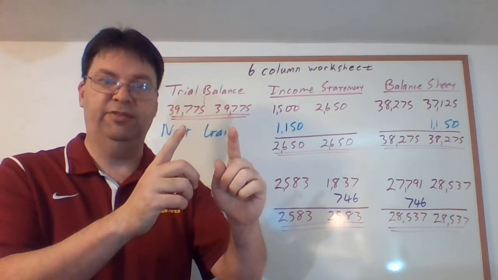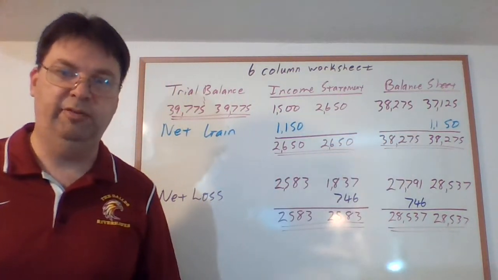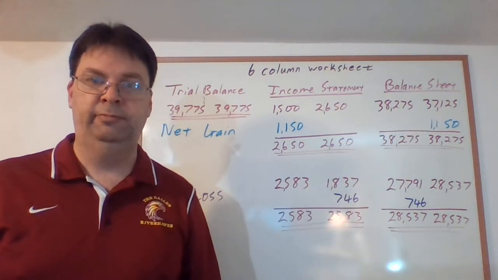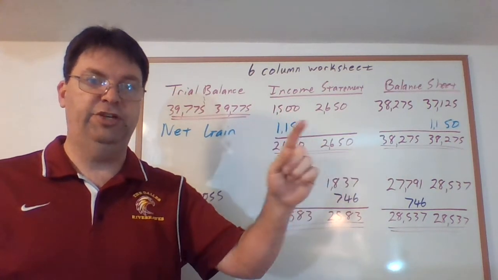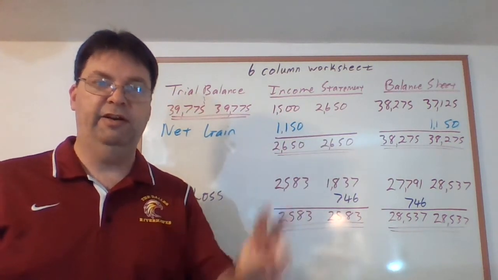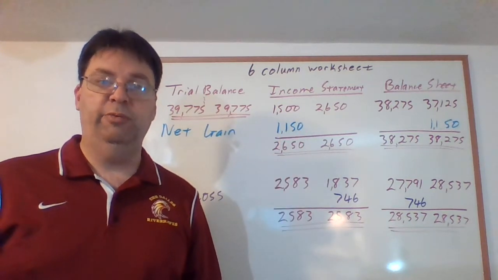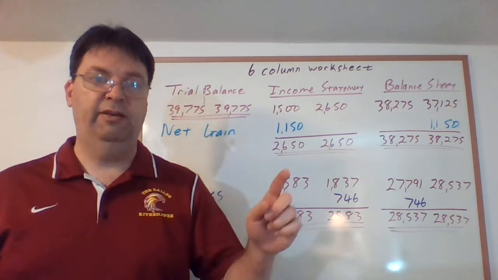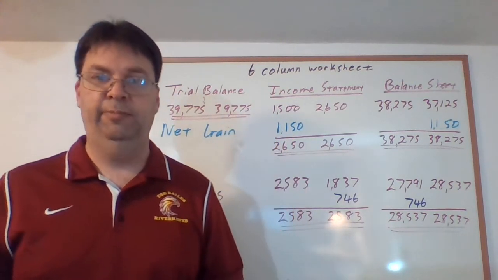That's good because that's what we want, but neither of these was actually in balance. Okay? So when we total up the income statement and the balance sheet, we get numbers that are not actually balanced. So what we do is we write in whichever one is smaller, we add the difference underneath.